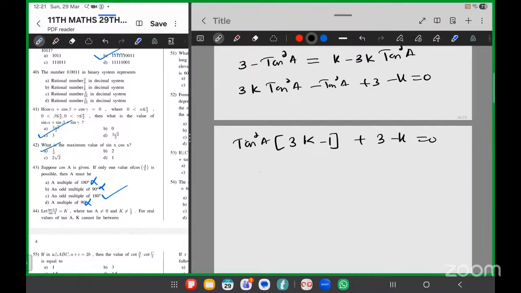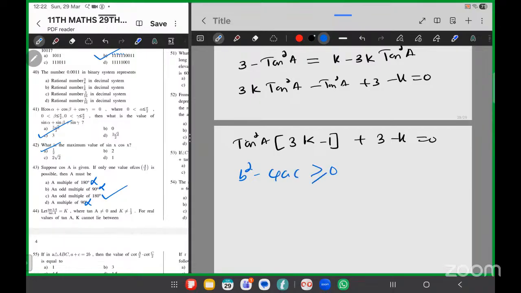So for real values, tan a can be minus b plus or minus root of b square minus 4ac, where b is 0, a is 3k minus 1, and c is 3 minus k. For real values, b square minus 4ac should be greater than or equal to 0.